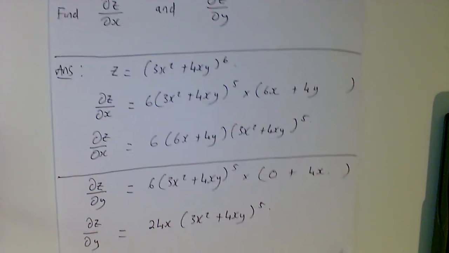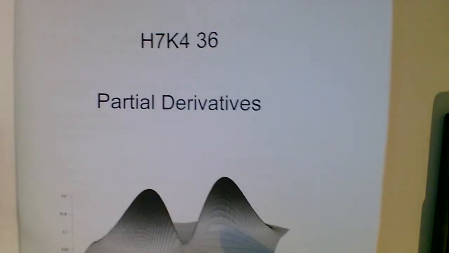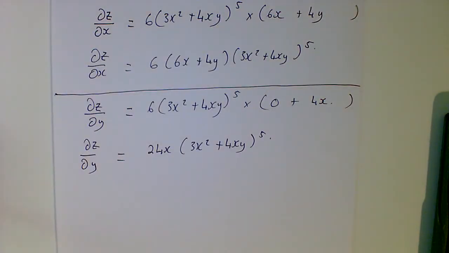Okay, so that's the final answer to that question. Now, what I would ask you to have a look at is the partial derivatives booklet, this one here, and go to page number 9.